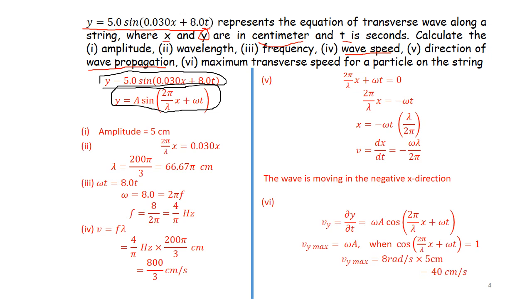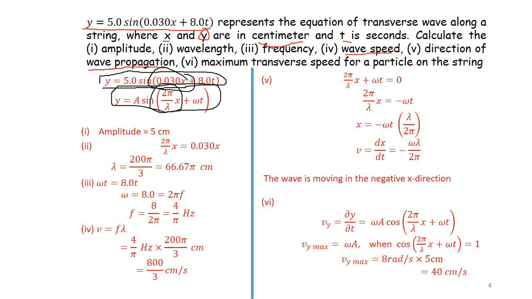Next, we want to determine the wavelength. So you compare 2 pi over lambda x with 0.03x. You solve that. The rearrangement now: omega t is coming as the second term, whereas 2 pi over lambda is coming as the first term. So you have to rearrange in line with how the question was presented. That's for ease of operation. You can do without that, but for ease of operation.